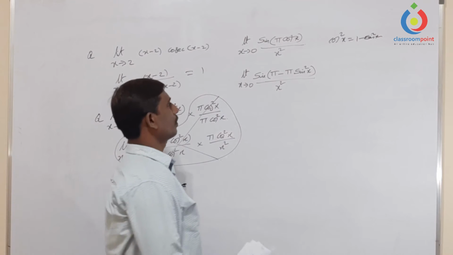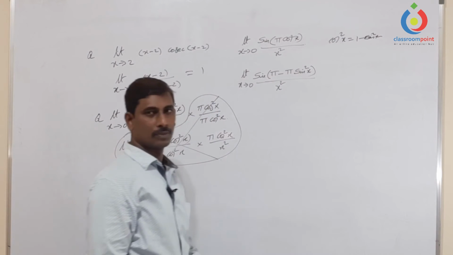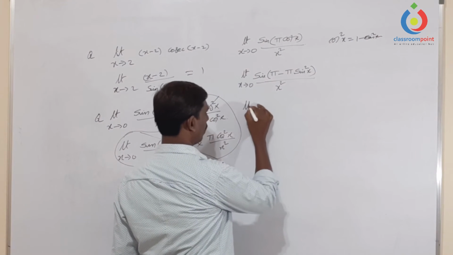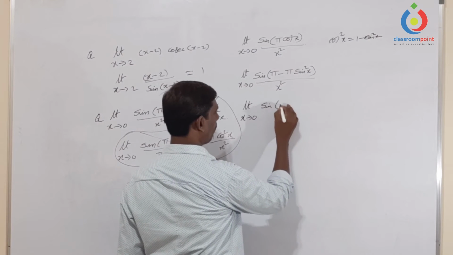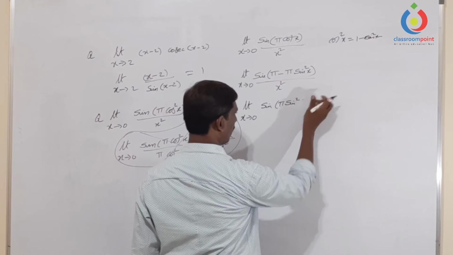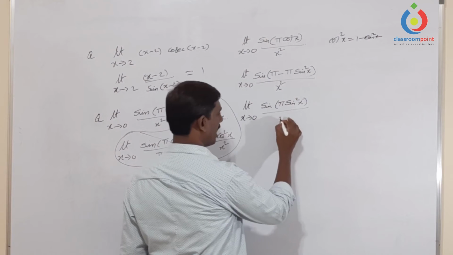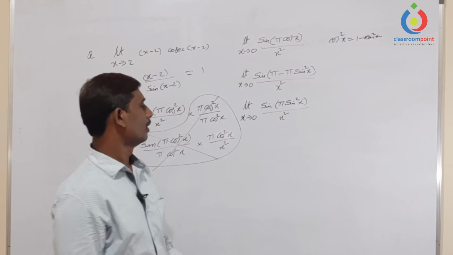Right? Now what to do here? Now, sin of 180 minus theta is sin theta. In the second quadrant, sin theta is used. So limit x tends to 0 sin of pi sin square x by x square. This is what we get now. Now what to do here?